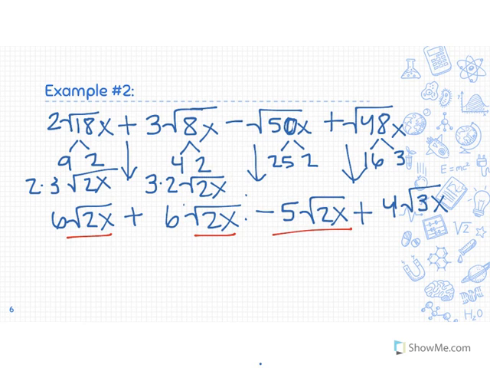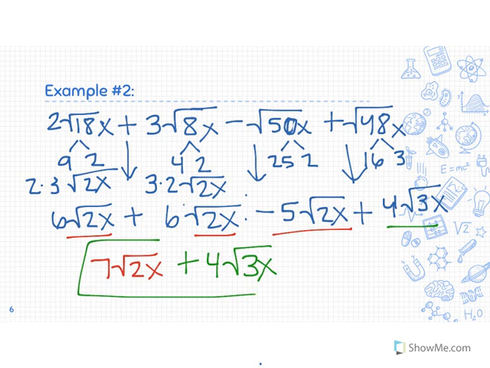So we have our 12 minus 5, which leaves us with our 7 square root 2x. We don't do anything again with those radicands. And then my other one, I see that I have a 3x, but that's the only one that is a 3x, and I don't have any other like terms with that, so I'm going to do 4 square root 3x. And then this is my final solution. I'm unable to simplify the radicands and combine any more terms, which means we have an irrational statement here.